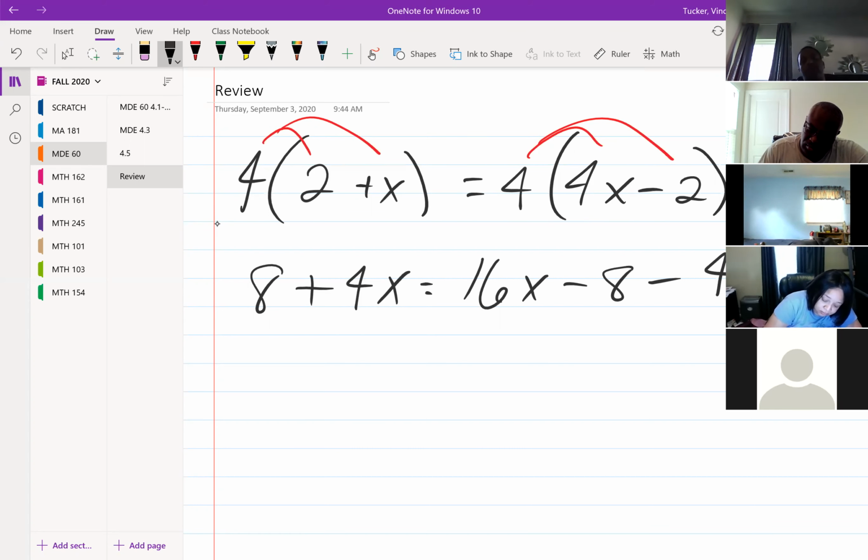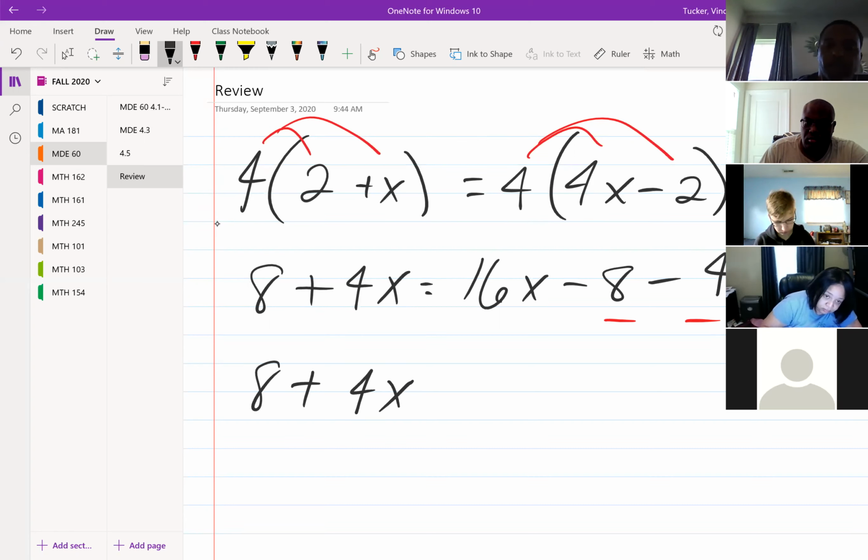So it'll be 8 plus 4x equal to 16x minus 8 minus 4. We can simplify on the right side. So it's 8 plus 4x equal to 16x minus 12.